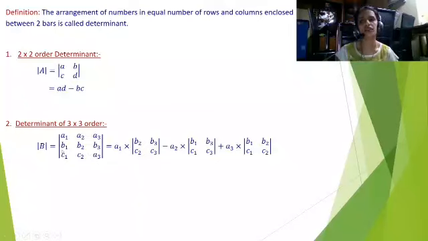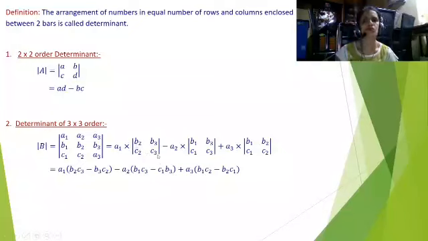What you can see is B1, B2, C1, C2. Now you have to expand it using 2 by 2 determinants. So it is A1 into, cross multiply, B2 C3 minus B3 C2, minus A2 into B1 C3 minus C1 B3, plus A3 into B1 C2 minus B2 C1.